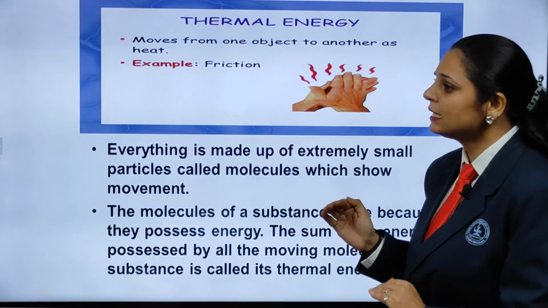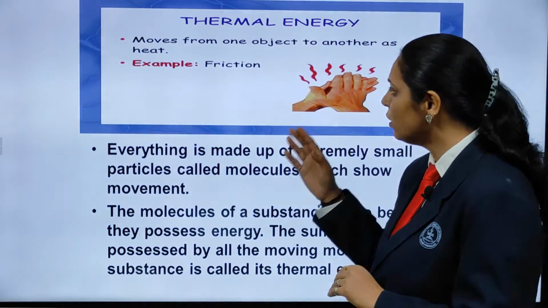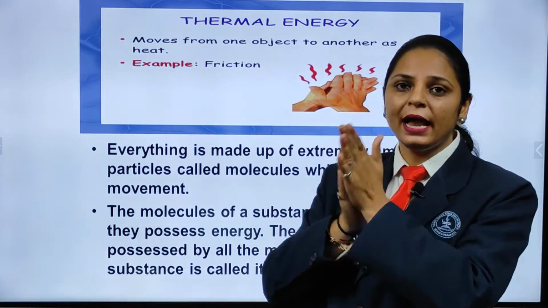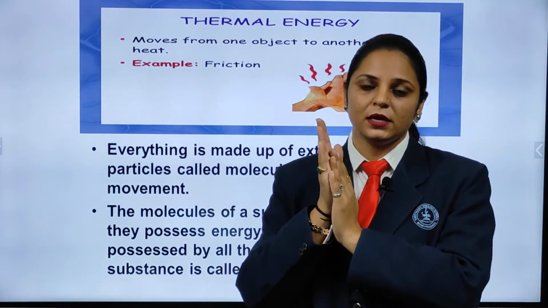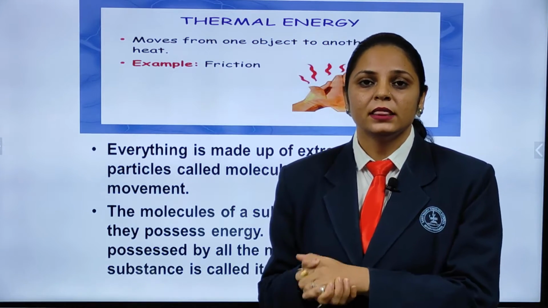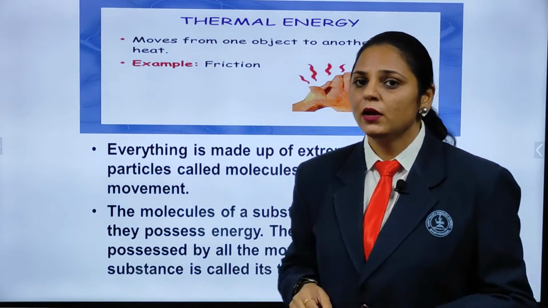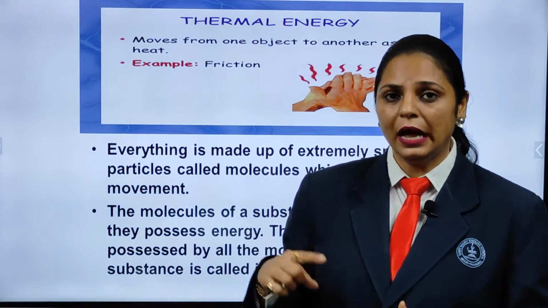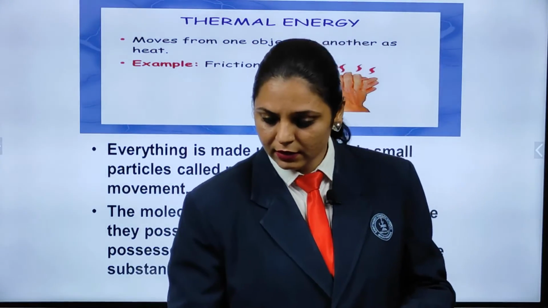Thermal means the heat that is created by molecules. In the case of rubbing your hands, due to the friction the heat is generated, and the molecules present in the substance generate heat among each other due to rubbing. That allows the molecules to move faster and heat is generated.